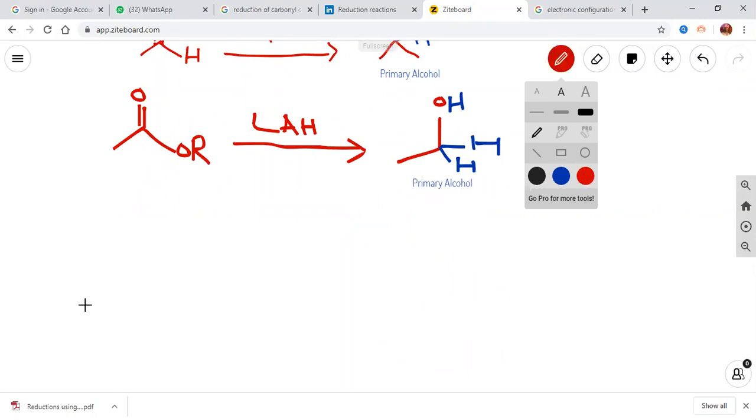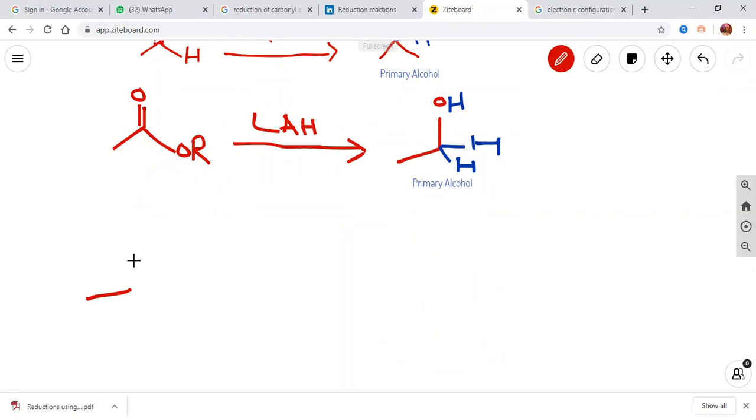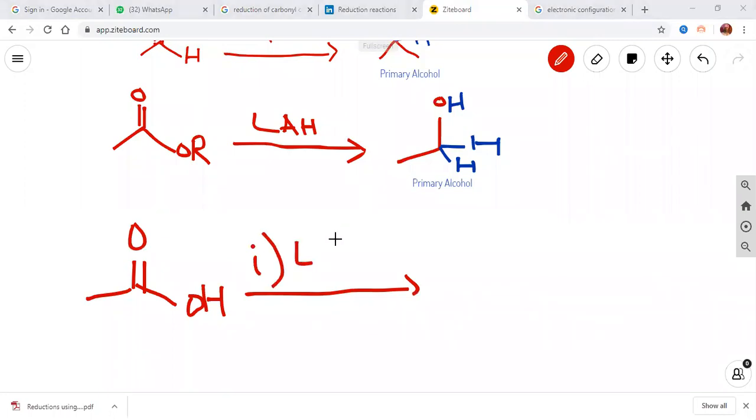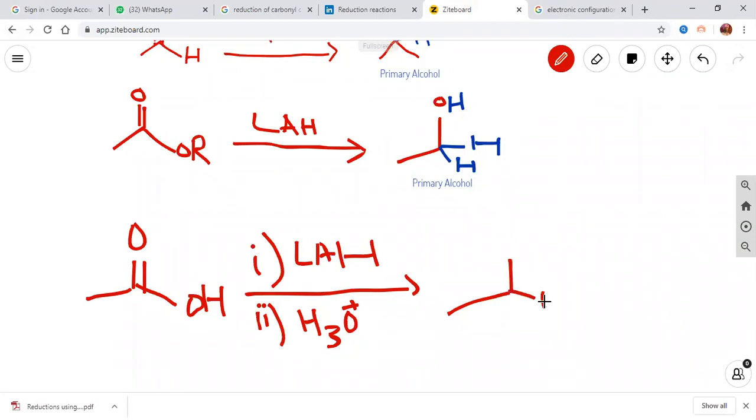More reactions. Carboxylic acids, with lithium aluminum hydride and then hydronium ion, also get converted to primary alcohol.